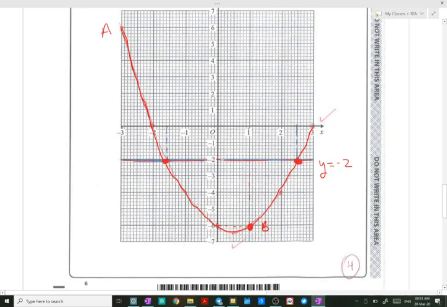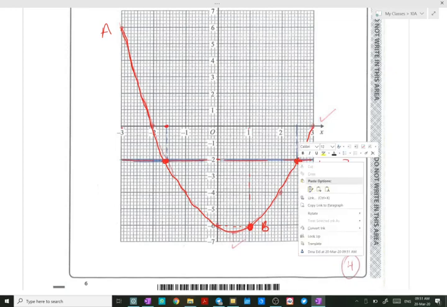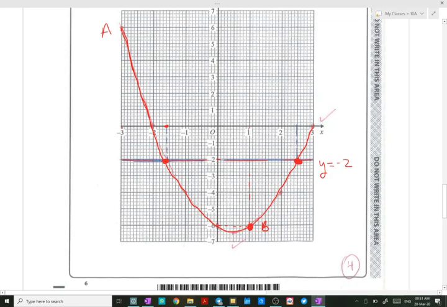You just draw with your ruler a vertical line that is parallel to the y-axis. Where it meets the x-axis would be your first solution, and we do the same for this point. You draw a line perpendicular to the x-axis, parallel to the y-axis, and you will get the second solution, which is the value of this x.